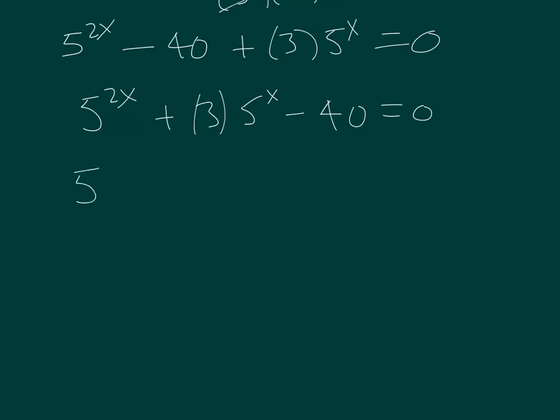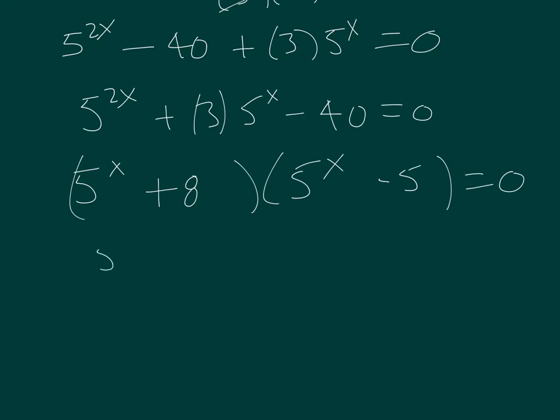And this will factor as 5 to the x and 5 to the x, just like we're factoring a quadratic. We have to think of numbers that will multiply to get negative 40 and add to get positive 3, and that will be plus 8 and minus 5.